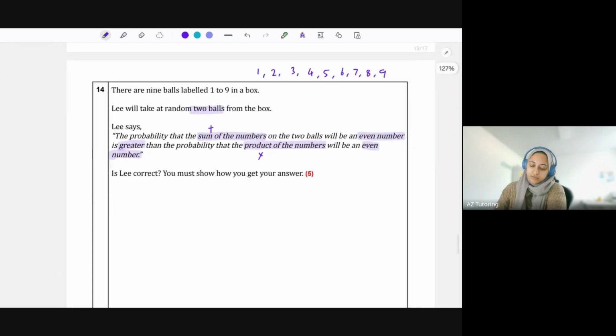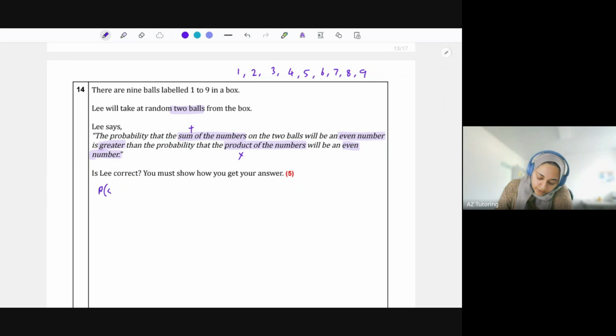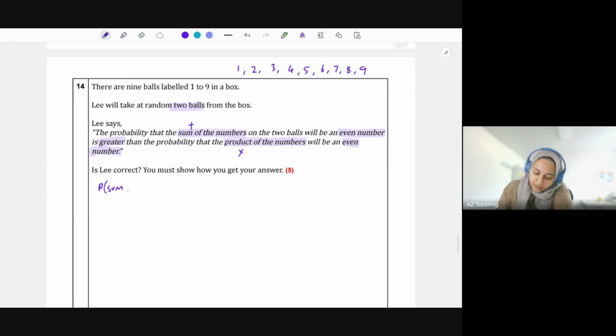So we need to work out the probability that the sum of the numbers on the two balls will be an even number. How could I write that down? I'll just write sum of balls, it's fine. So probability that the sum of balls is even.